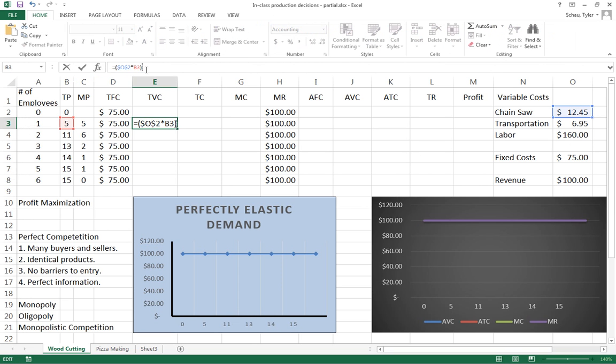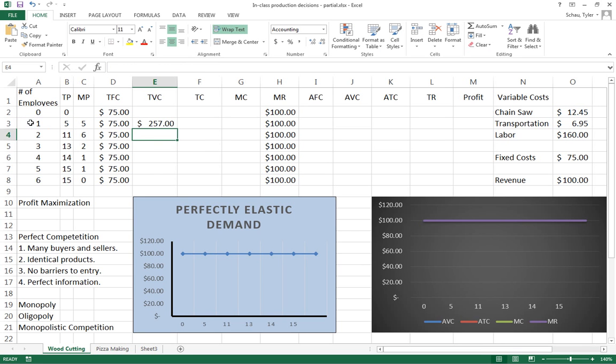Okay. Then I need to add the transportation costs, so fuel and that type of stuff in the truck. I got transportation costs of $6.95 per cord times 5 cords. And then I also need to add the cost of labor. And so I'm paying $160 a day, and here I've got 1 employee.